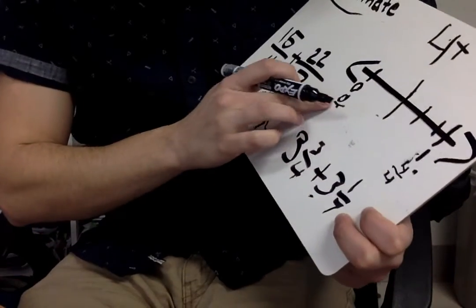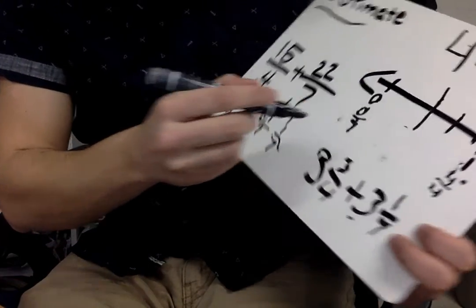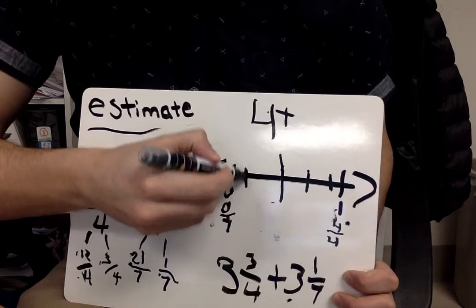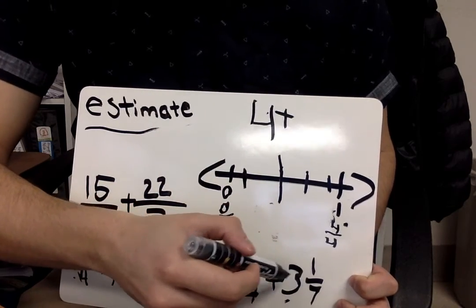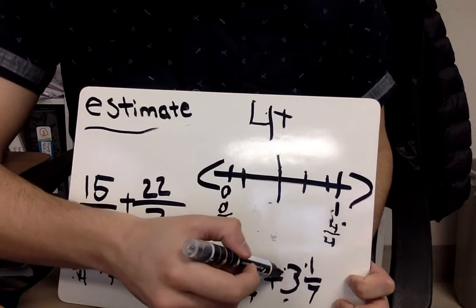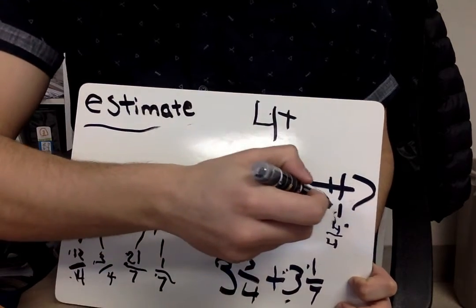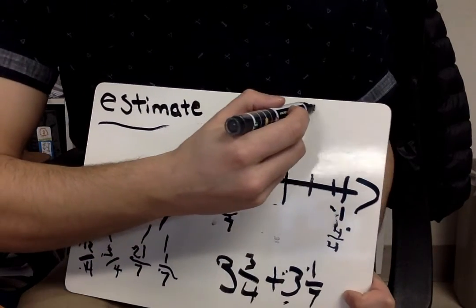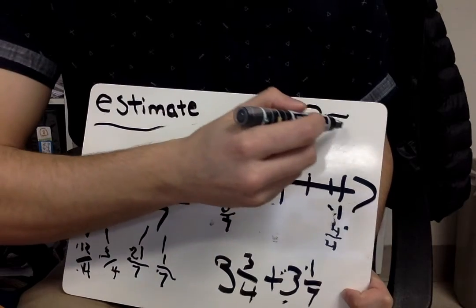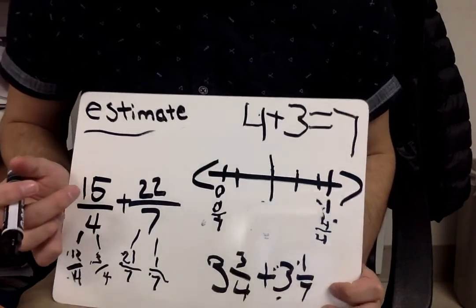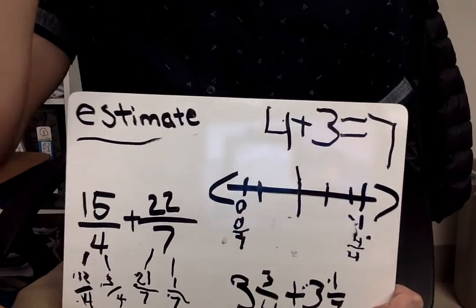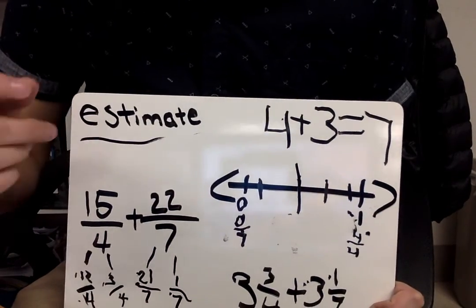That's a terrible 7. So 1/7 is going to be about here. So I would say it's going to be about 3. 1/7 is closer to 3 than it is to the next whole number. So now I'm going to say 4 plus 3 is equal to 7. So I'm looking for about the same number.